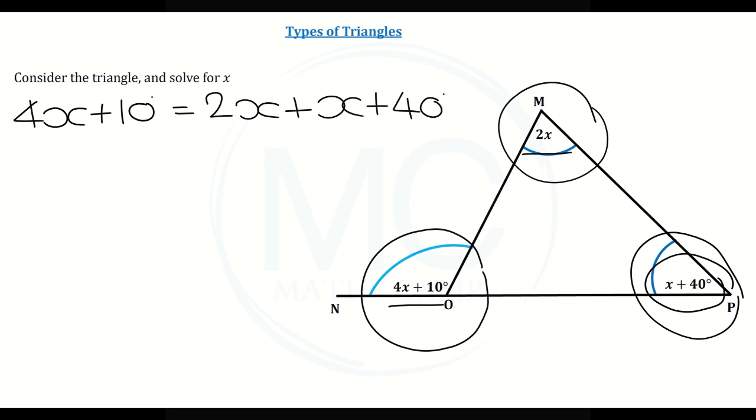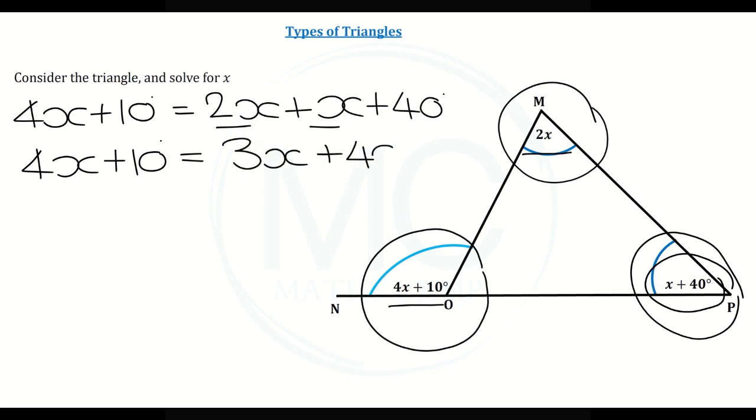On the left, we now have 4x plus 10 is equal to, let's add like terms on the right. 2x plus x gives us 3x plus 40 degrees. Now let's put our x terms on the left-hand side. So we have 4x. Let's move 3x across.